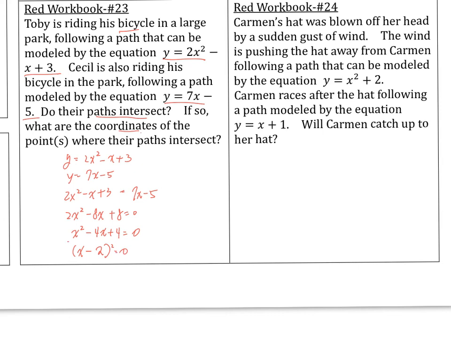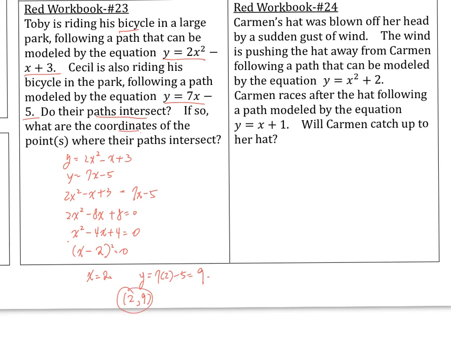Okay, so this is a perfect square trinomial. So x is equal to 2. So there appears to be one solution for this case. So the intersecting point would be at (2, 9).